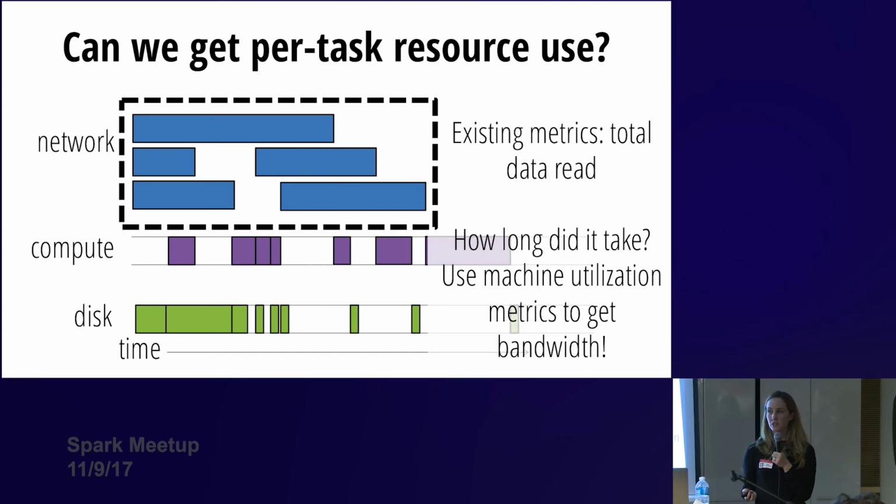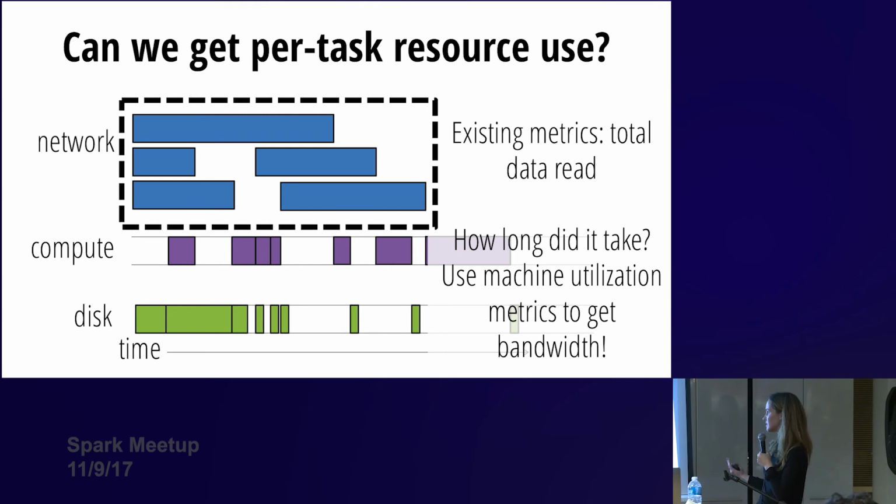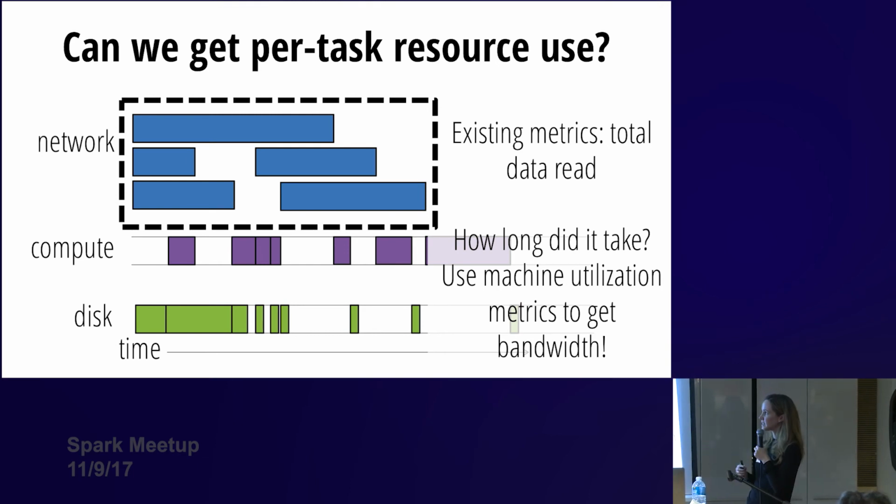You know that on average, the machine had some network bandwidth across all of the tasks. So you can use that to estimate, given the amount of data that the task read, how much of the network time on the machine was the responsibility of this one particular task. And you can do exactly the same kind of thing with the disk I/O to get these estimates.